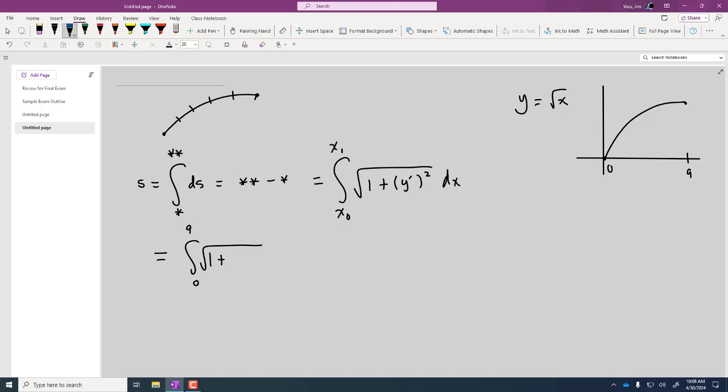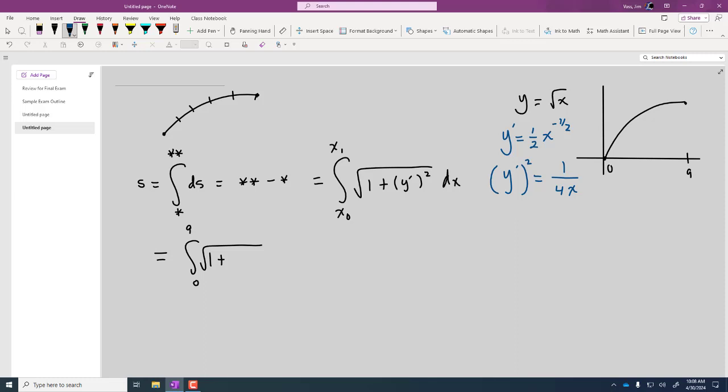So we have to come over here and find this derivative. That's going to be 1/2 x to the negative 1/2. And then we square it. If we square that, we're going to get an x in the denominator.